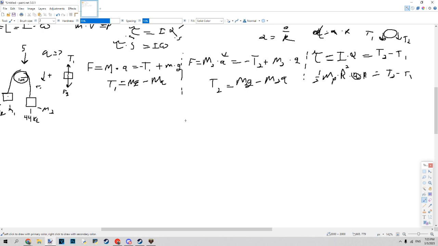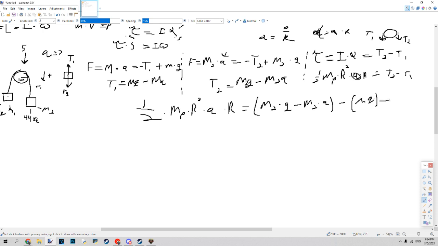So now we plug this into this equation. So we have 1/2 times the mass of the pulley times the radius of the pulley squared times the acceleration times the radius is equal to, in parentheses, the second mass times gravity minus the second mass times acceleration, all that minus, this would be m1g minus m1a, so to simplify it is minus m1g plus m1a.